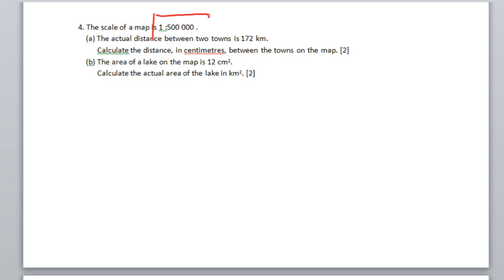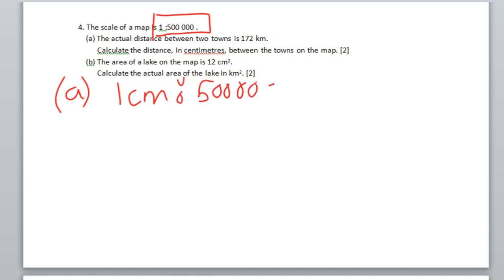This given scale has the same units. That's why the units are not mentioned. So this means that 1 centimeter on the map corresponds to 500,000 centimeters of actual distance, right?